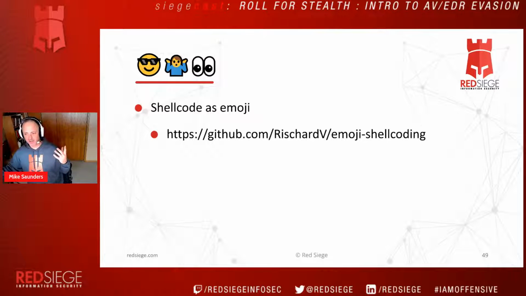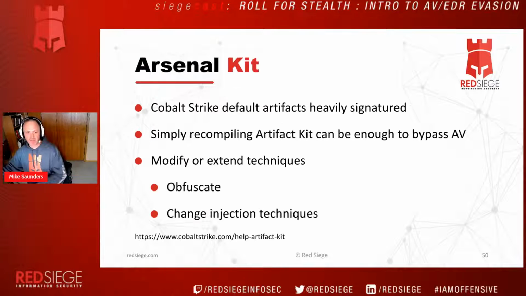I believe this is for RISC-V architecture, and so it doesn't work with Intel right out of the gate. However, you probably could translate this and use emoji as shellcode. So there are other ways to skin this cat.